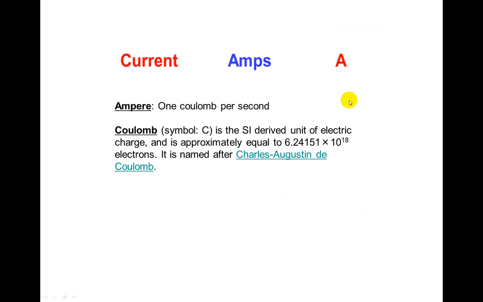Well, what is a coulomb? It's the SI derived unit of electrical charge, and it's approximately equal to 6.24151 times 10 to the 18th electrons. It gets its name from Charles Augustin de Coulomb.